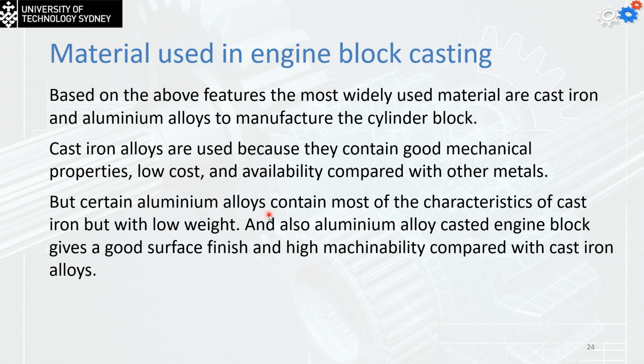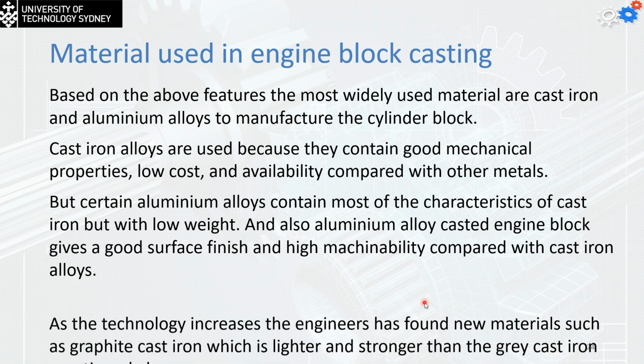But certain aluminum alloys have most of the characteristics of cast iron, but with lower weight. So most sport cars contain an aluminum engine block. The same goes for motorcycles, where weight is an issue. Also, the aluminum alloy cast engine block gives a good surface finish and high machinability compared to the cast iron alloys.